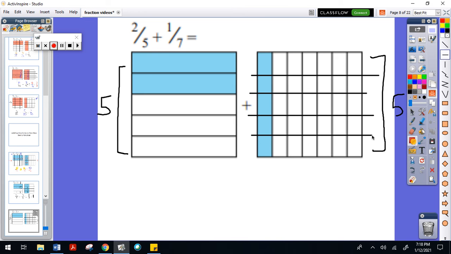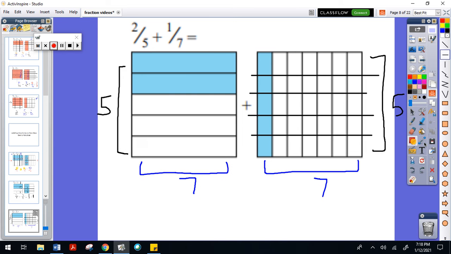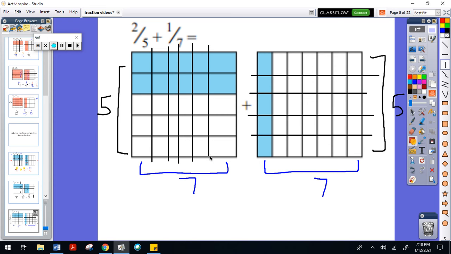Then I notice that I have 7 columns. So I'm going to make 7 columns over here. That gives me 2, 3, 4, 5, 6, and 7. That gives me 7 columns.